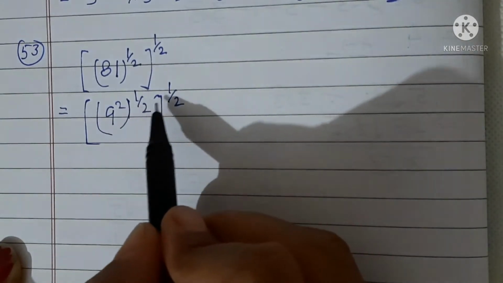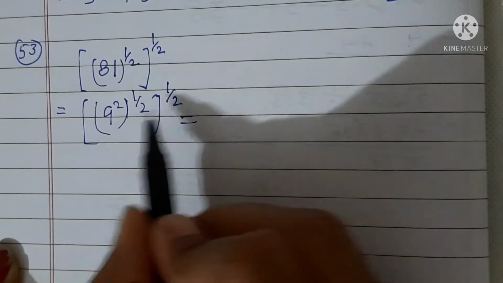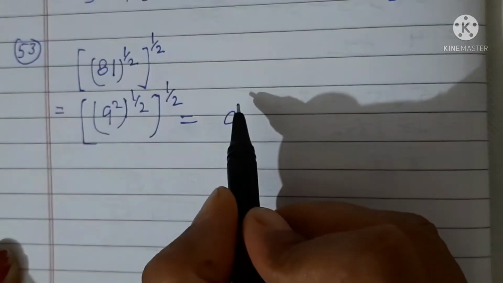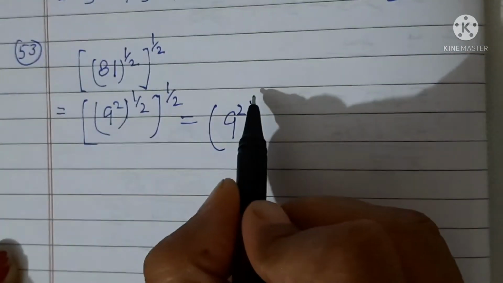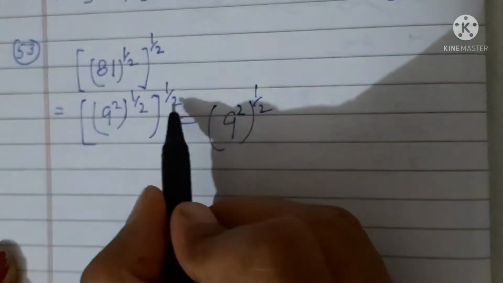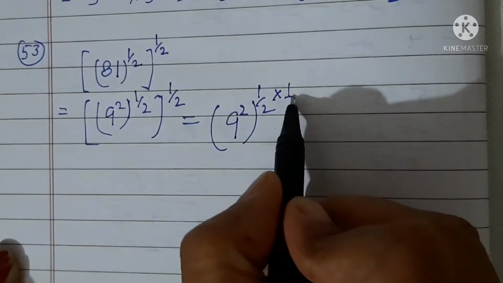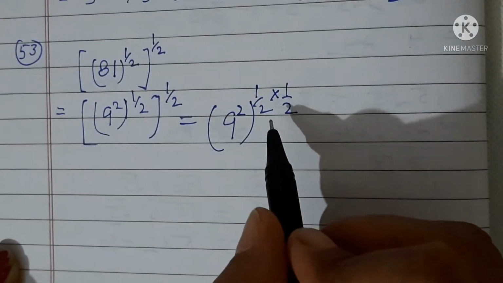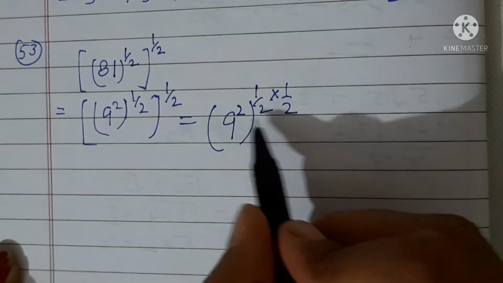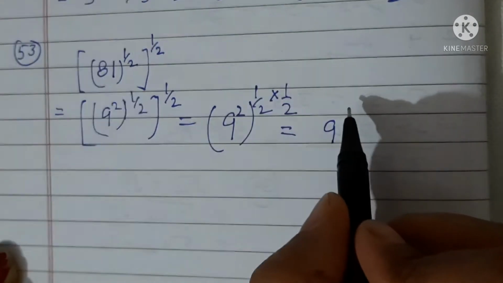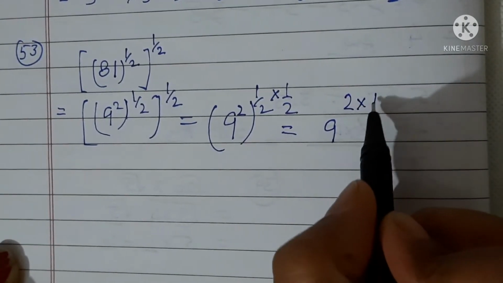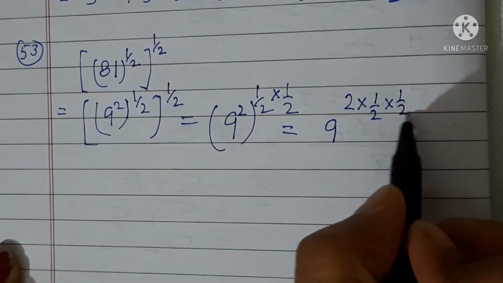So these powers will be multiplied. So you can write it 9 square to the power of 1 upon 2, and this is also 1 upon 2. So powers will be multiplied according to the law of exponent. Now you can write it 9 and this 2 also multiplied. So 2 into 1 upon 2 into 1 upon 2.